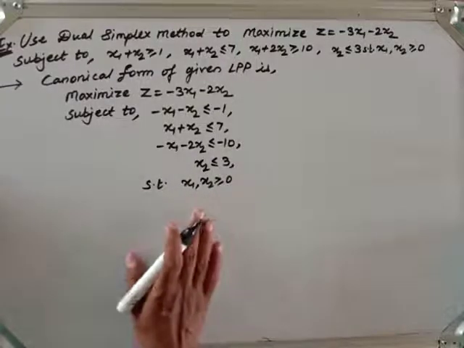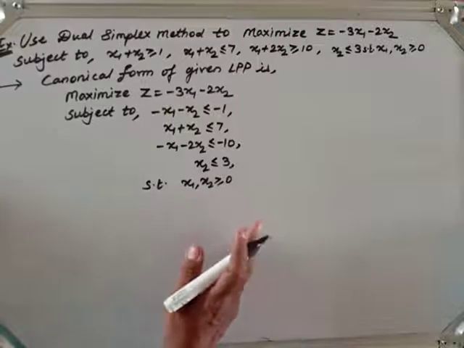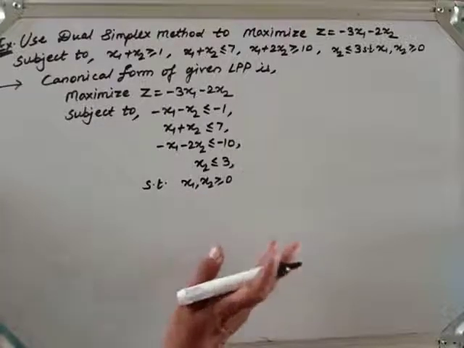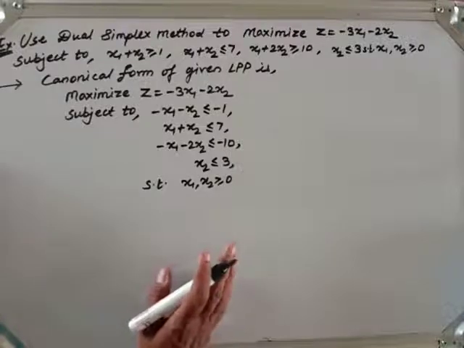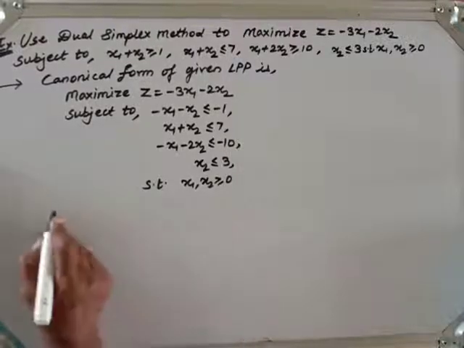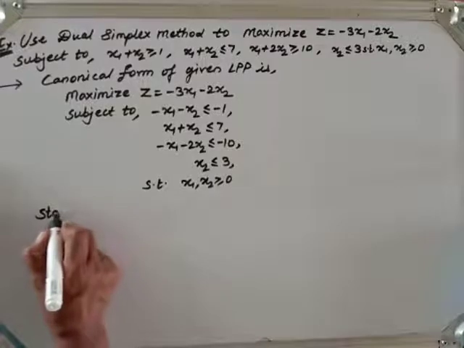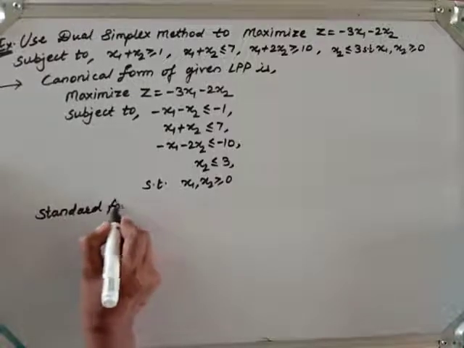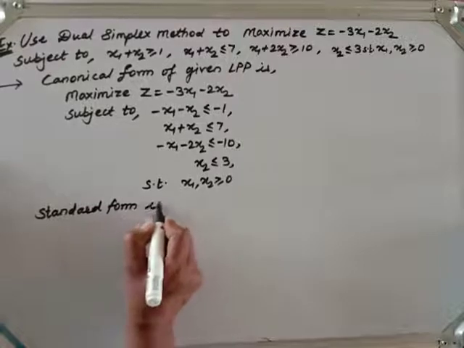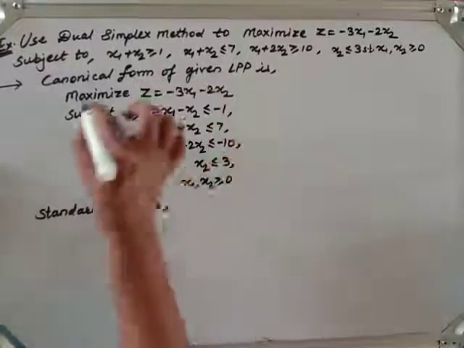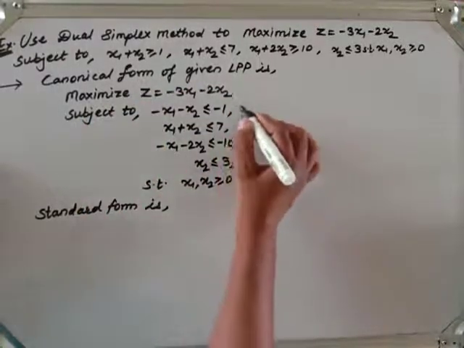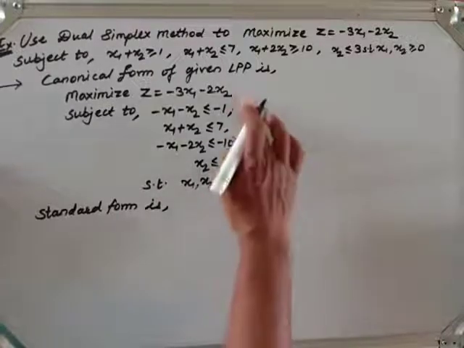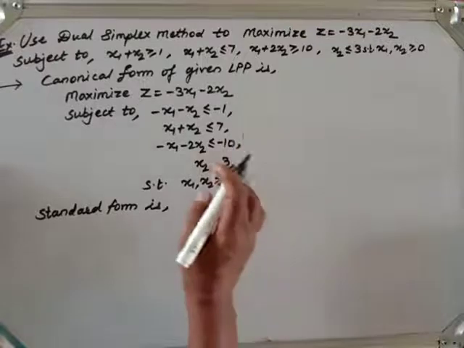Now this is our first step. The next step is to find delta j, that is Cj minus Zj, but for that we should first find the standard form of this canonical form. Here there are 4 constraints, all of less equal type, so they require slack variables.